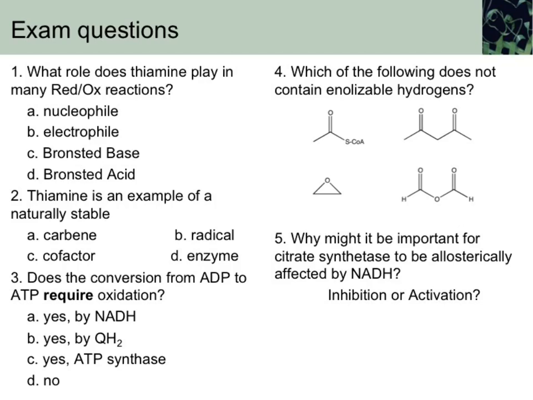Yes, organic chemistry. So what we were looking at for our enolizable hydrogen, we go back to our acetyl-CoA. If we were going to enolize this structure and turn it into its enolate, one of them would be that guy.